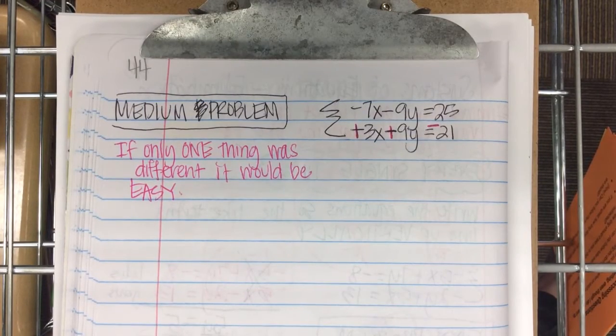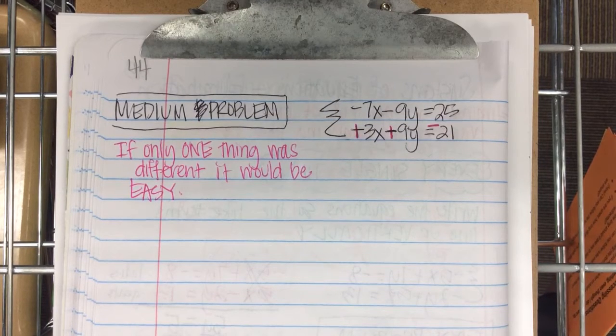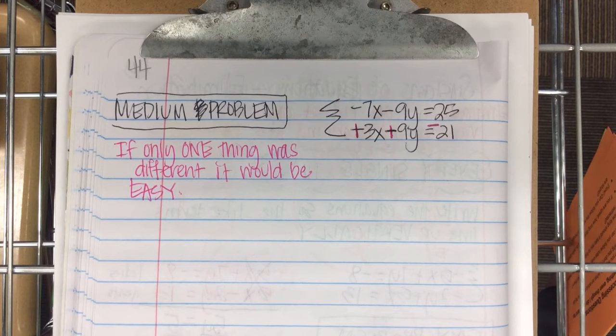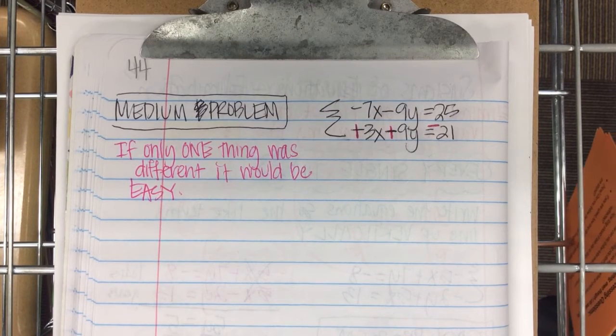Well, in essence, what I'm doing is I'm multiplying by negative 1. Because multiplying by -1 changes the value of a number, correct? And if I multiply everything by -1, I'm good. You cannot just multiply one thing by -1.